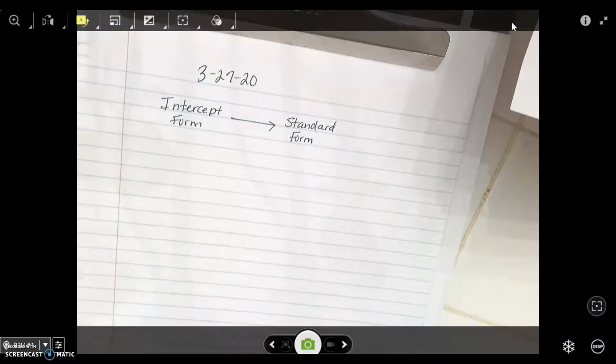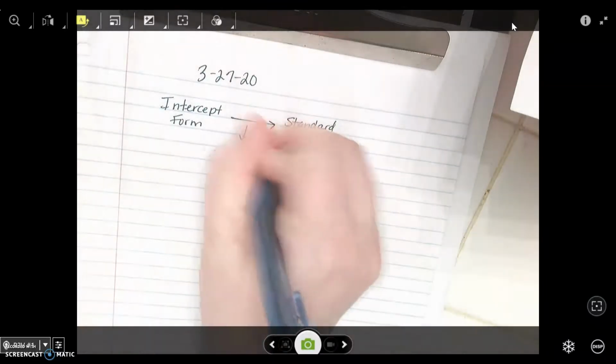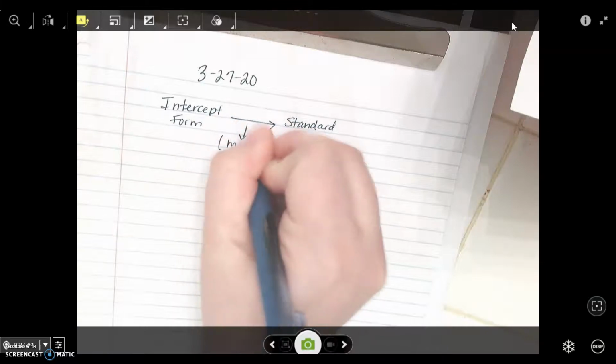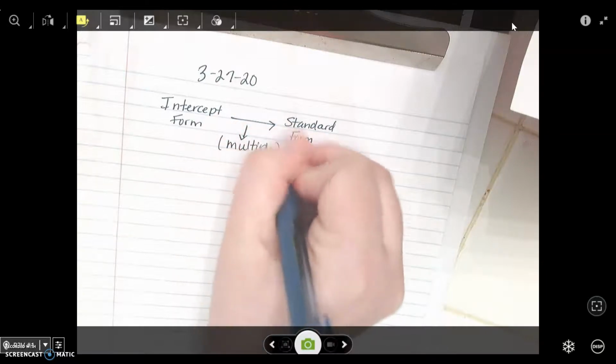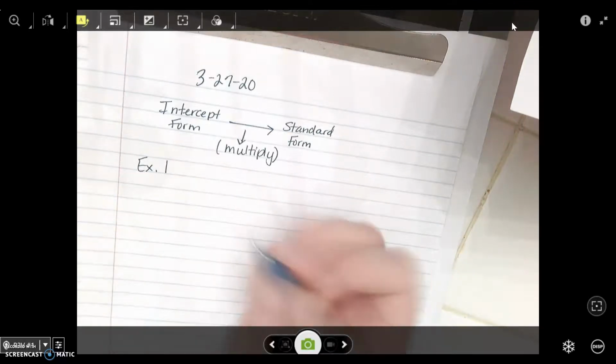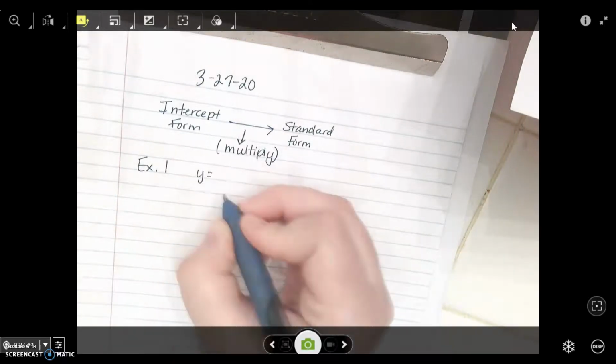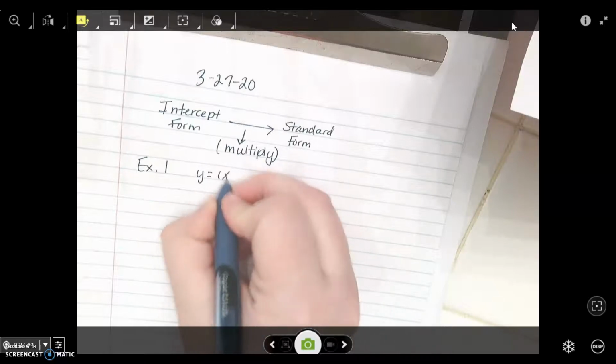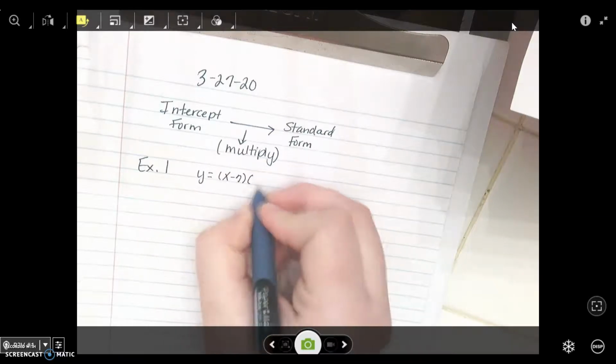So let's do a few examples. Remember, we have to multiply. Example 1, y equals x minus 7 times x plus 1.